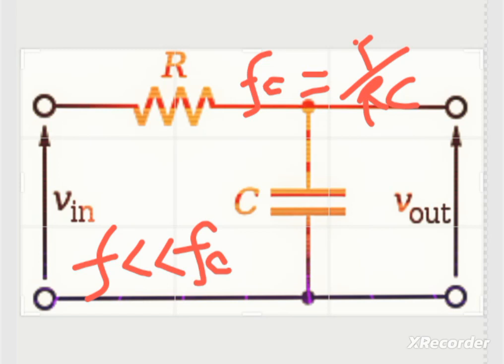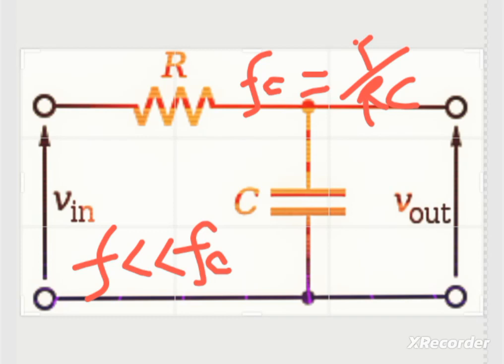So if we focus on this point, f is very much less than fc, then the impedance or reactance of this capacitor is very high, because impedance is inversely proportional to the value of capacitance and the frequency.